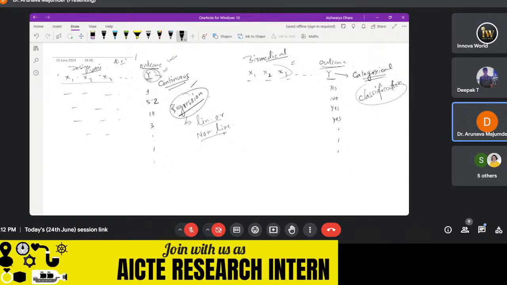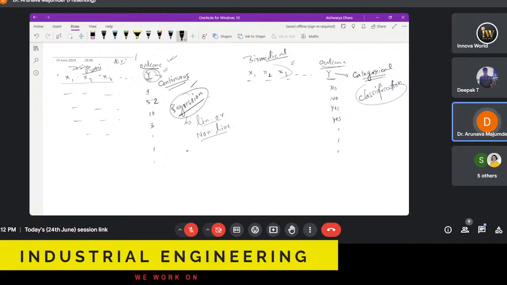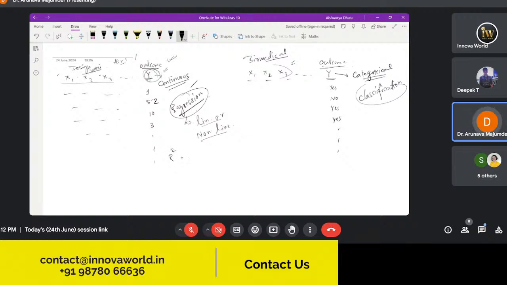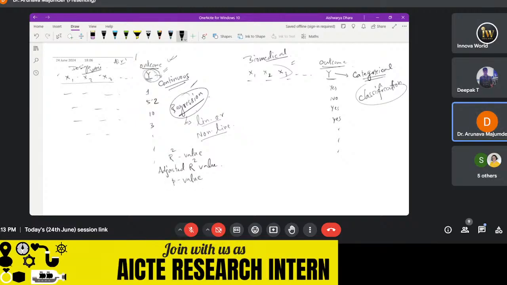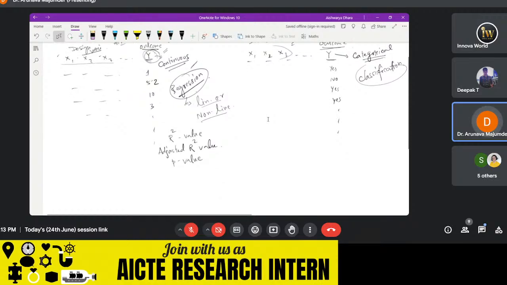Okay. So those who are having the outcome variable as continuous, use the regression analysis, linear or non-linear. Based on which regression analysis, what will we be testing for this? We will be validating with the R squared value. Okay, R square value, adjusted R square value, and the p value, and the error analysis.